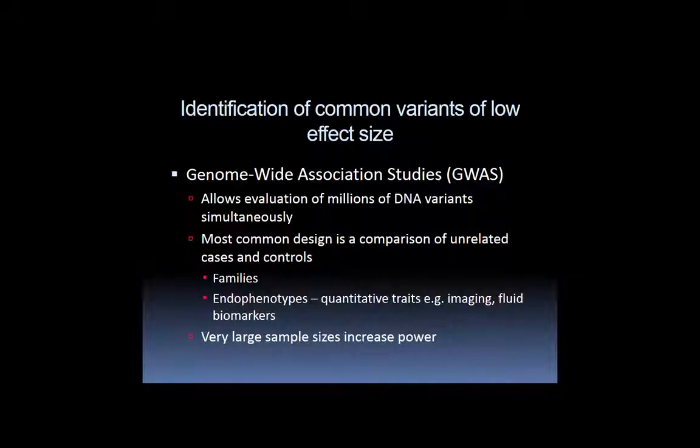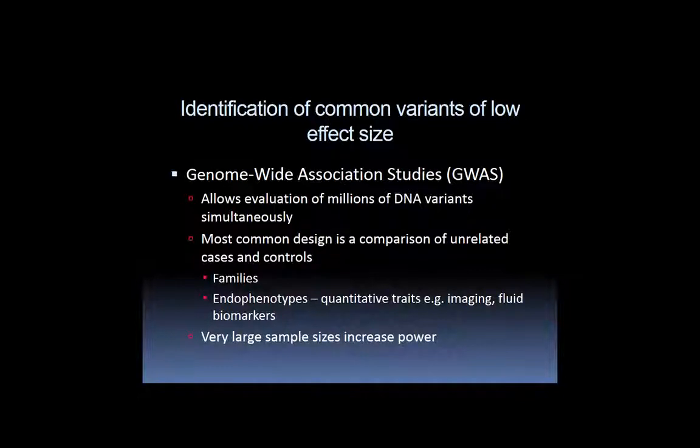But you can use a family design too, and that's what we did in the NIA-LOAD families that we collected. Or you can use endophenotypes, quantitative traits. ADNI is a good example, where you have imaging data and fluid biomarker data. You can use any of those phenotypes as quantitative traits in a GWAS.